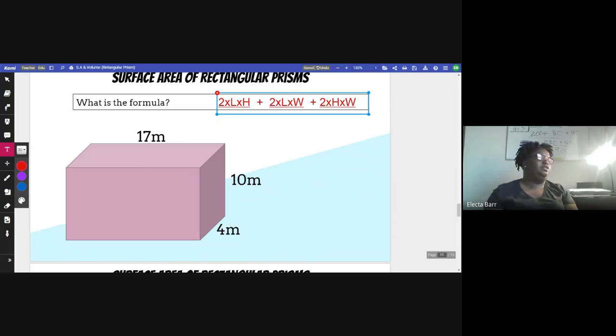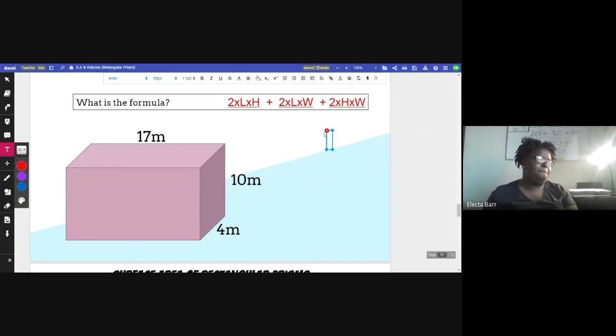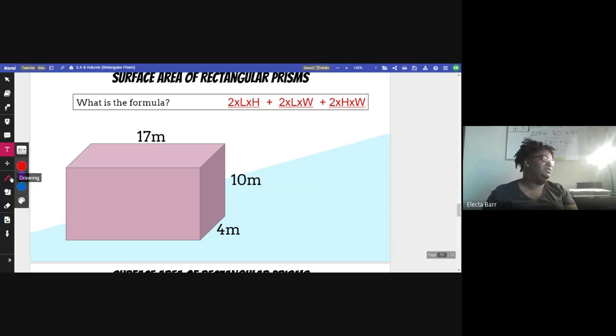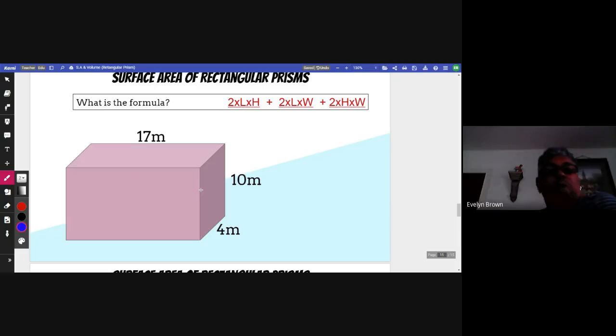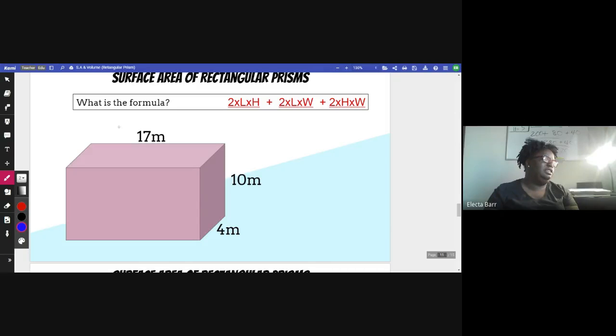All right, so let's work through these problems. Let's first identify the length, the width, and the height. Looking at this problem, I have a prism, 17 meters by 10 meters by 4 meters. Evelyn, what is the length for this prism? How long is it? 17 meters. The length is 17.